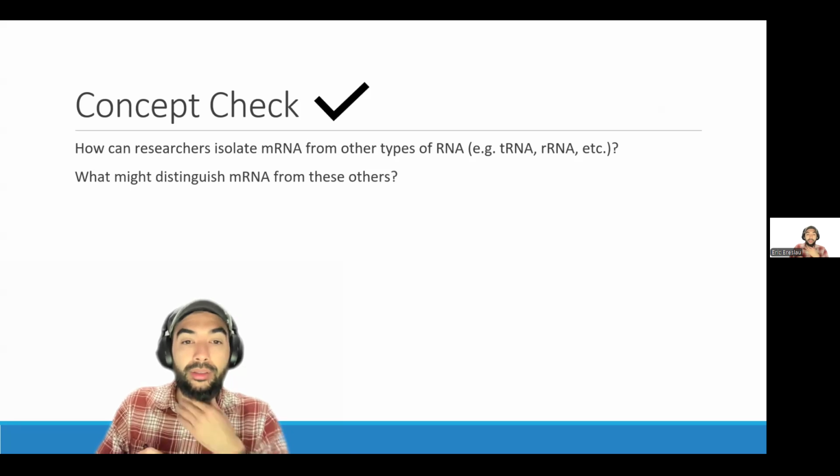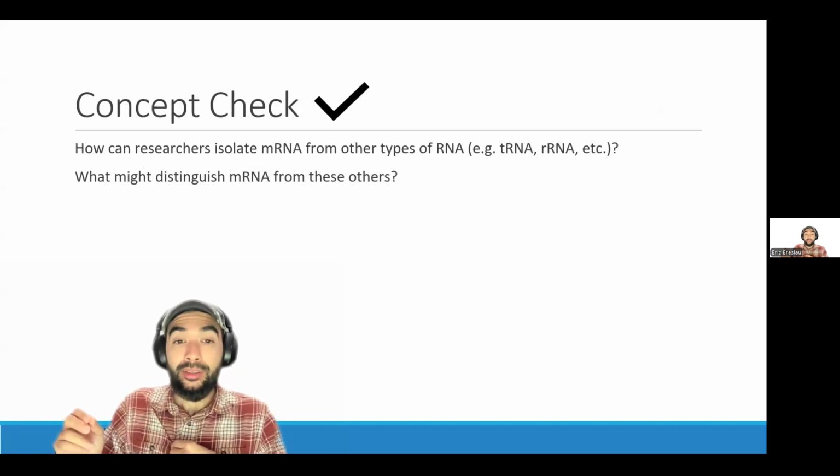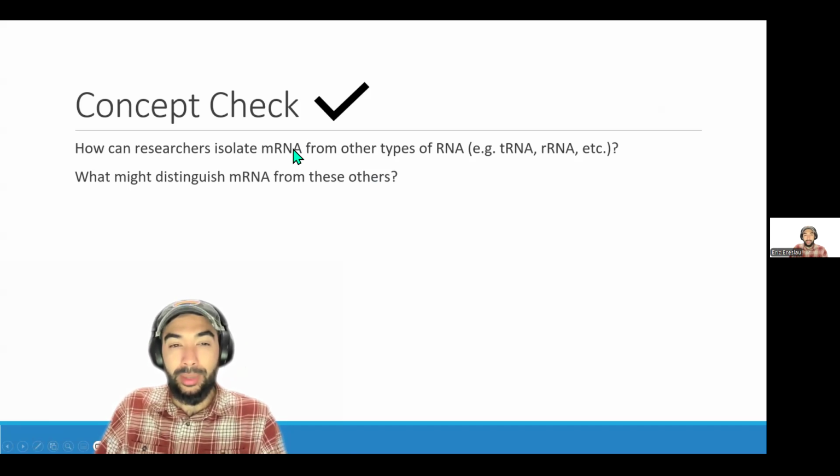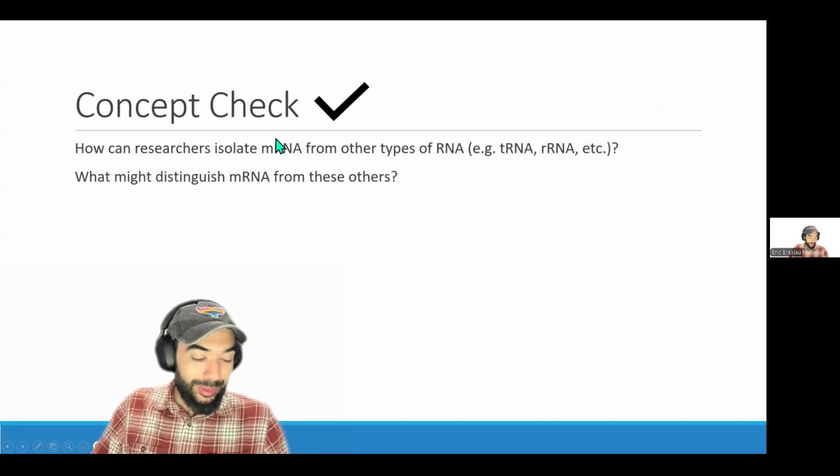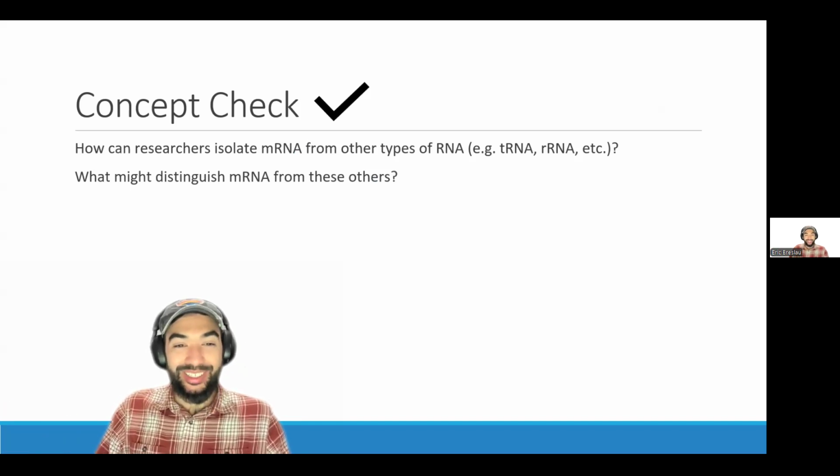I think that's the big part, right? That only mRNA is translated. So what happens to mRNA between transcription and translation that might make it unique? And if that's still not helping, then just go ahead and continue watching. The way that we can isolate mRNA from these others is that mRNA has that poly A tail.